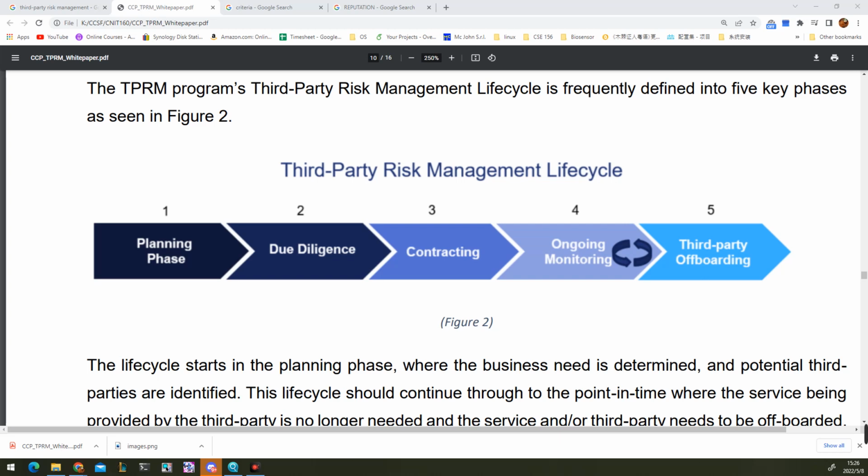The next item is contracting. After checking the risk from the third party, we contract with the third party. Our business owners may try to close or remediate risk during the contracting phase.